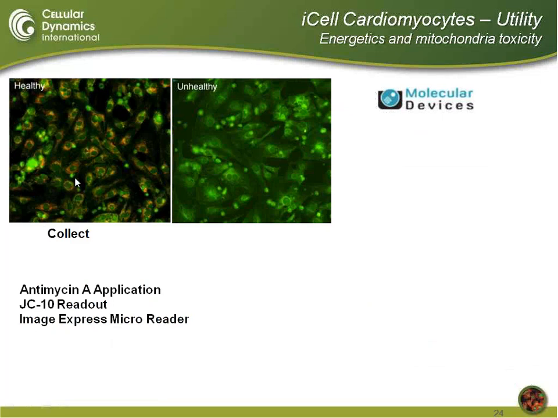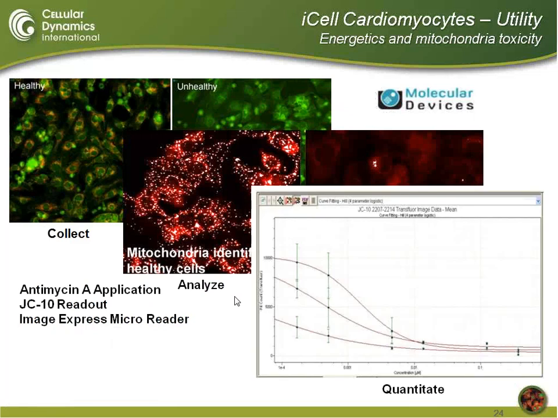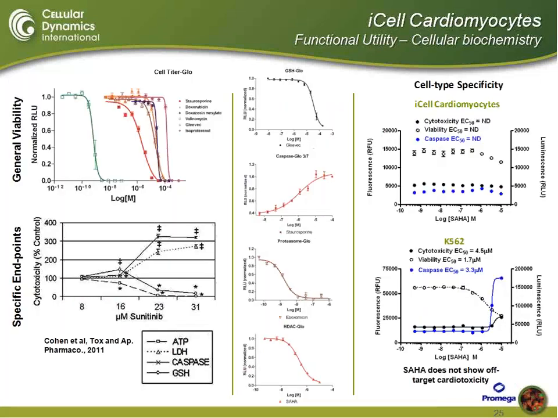With the iCell cardiomyocytes, you can see here in orange the healthy mitochondria before and then after the application. With the high throughput ImageXpress, you can measure all of your wells, you can analyze the data and quantitate, and really start to dive into more of the advanced biology of the iCell cardiomyocytes.